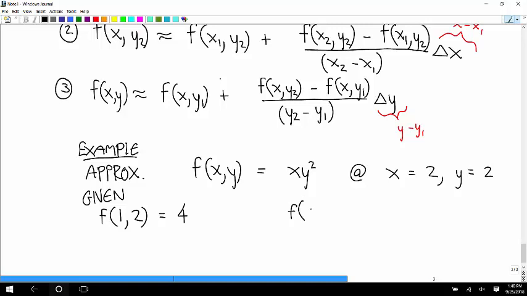F of 3, no, that can't be 2. So let's say this is, so the first one we know is f of 1, 3. The second one is f of 3, 3. What's that, 81? Yeah, thanks. And then f of 1, 1 is 1. And f of 3, 1 is 3.